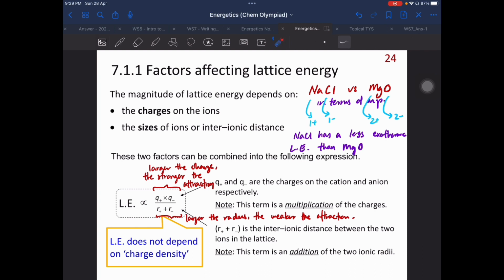Because if I compare the charges, I know that for MgO the charges are way higher. And although you don't know yet, their ionic radii should be more or less pretty close to one another. So this is just for your info.